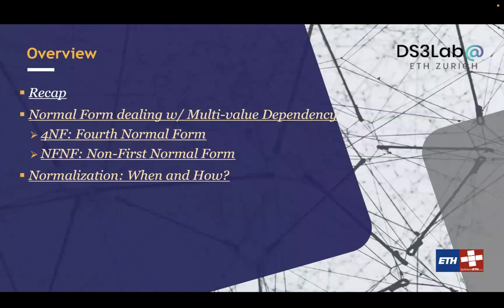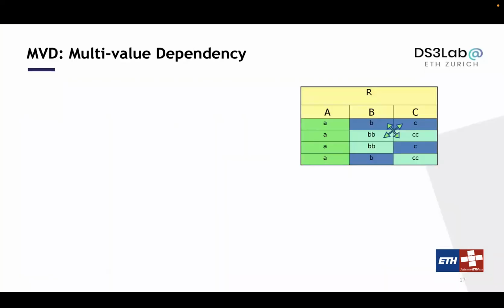So these are the normal forms all the way from first normal form to BCNF. Now let's talk about a normal form that is even more restrictive than BCNF, which is inspired by this example. If you look at this example, here you have 3 different attributes, and the values of B and C are conditionally independent given the value of A. Whenever you have the tuple with B and BB, it doesn't matter what the value of C is.